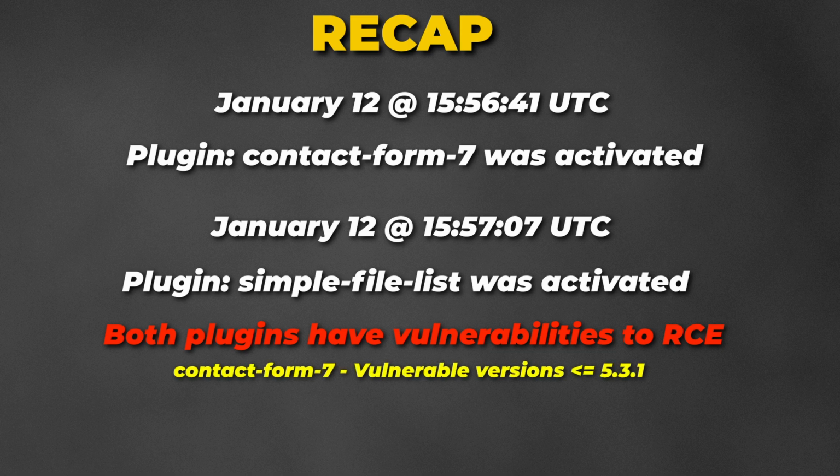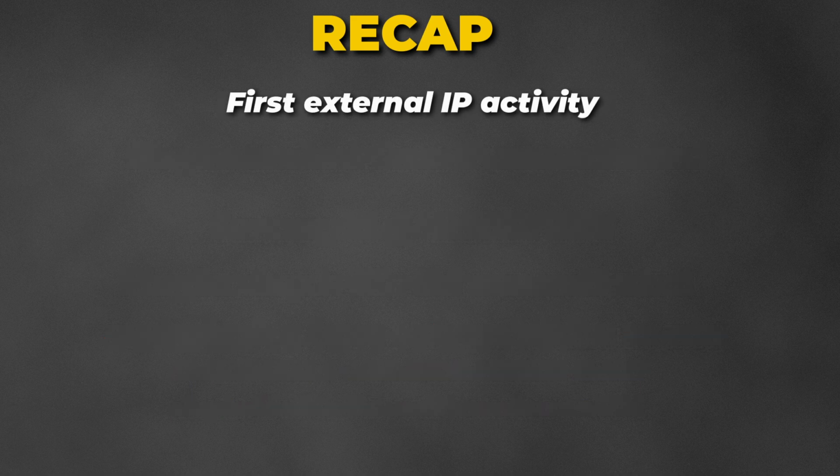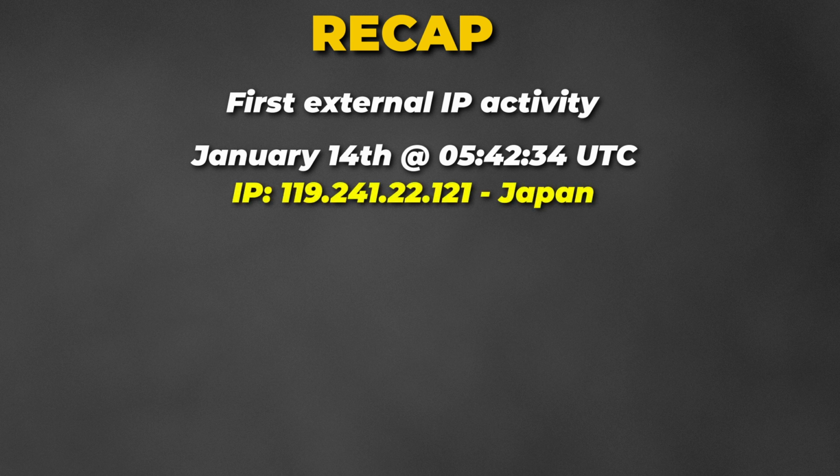Versions 5.3.1 and below for contact-form-7 are vulnerable, whereas versions 4.2.2 and below for simple file list. The first observed activity from an external IP was on January 14th at 5:42:34 AM UTC from the IP address of 119.241.22.121.